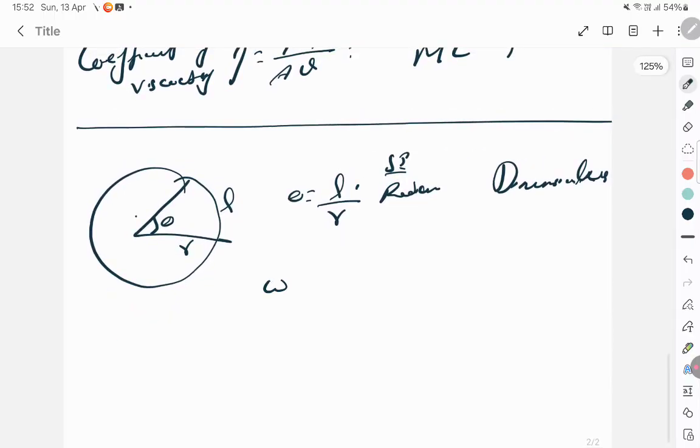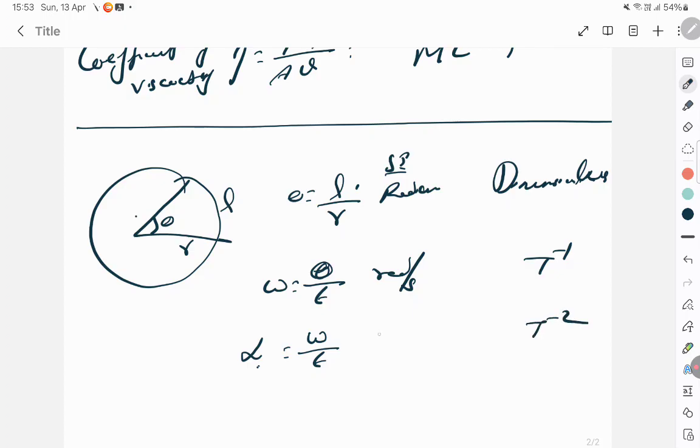Next I'll teach you angular velocity. Angular velocity is nothing but angular displacement by time, which is radians per second, which is nothing but T to the power minus 1, because theta doesn't have a dimension, time alone is there. Angular acceleration is alpha, which is angular velocity by time, which is T to the power minus 2, radians per second square.